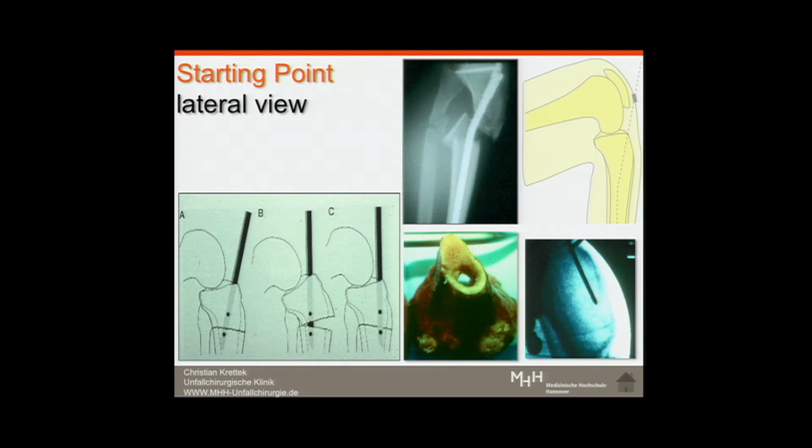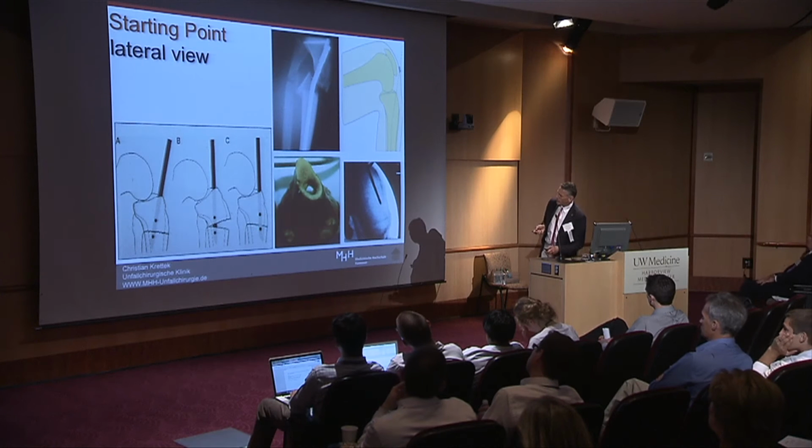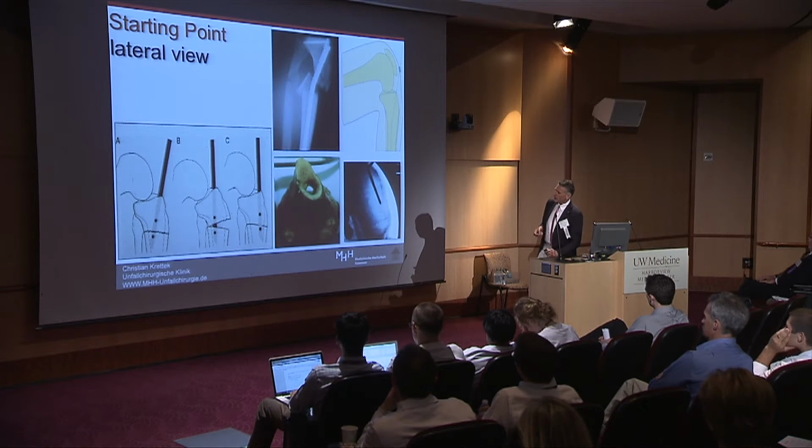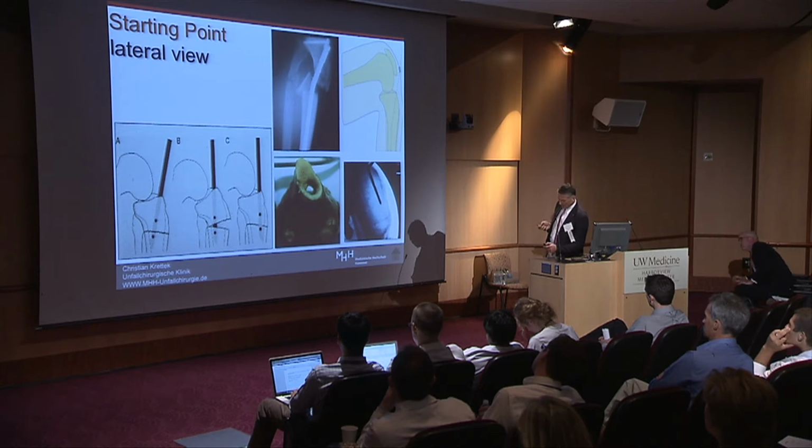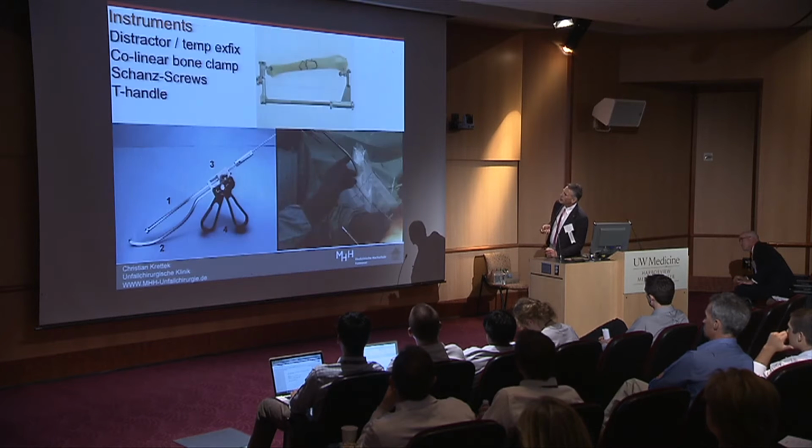So it's easy to correct from anterior to posterior, but it's very difficult to correct from posterior to anterior. It's always advisable you start very, very steep and correct to posterior rather than anterior. And again, the soft tissue starting point is in the distal third of the patella and not lower.